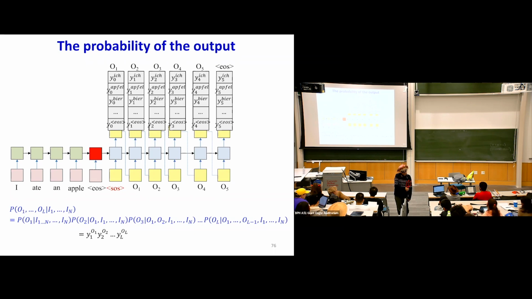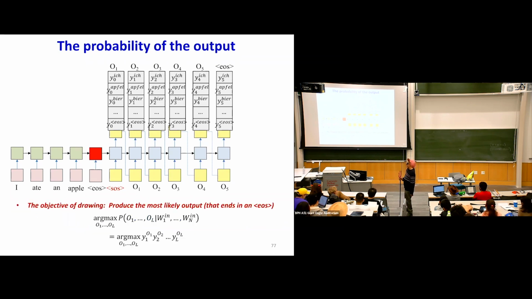Everyone with me, right? And so what we really want to do is to find the O1 through OL such that this probability is highest, the product of the probabilities assigned to the various words in the sequence is highest. Everyone with me? Right, okay.